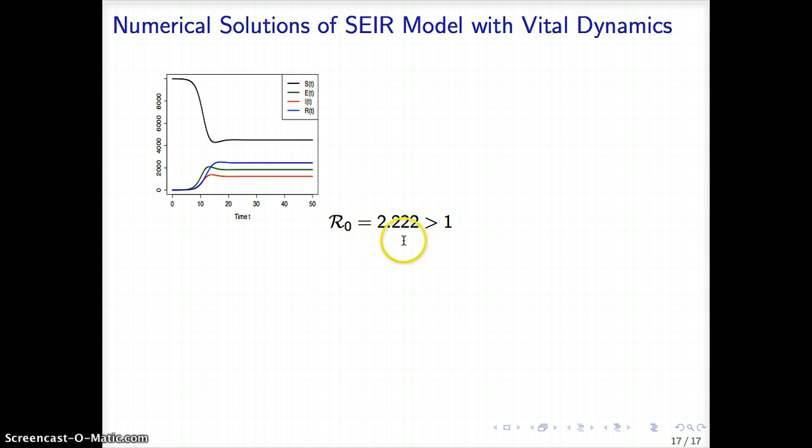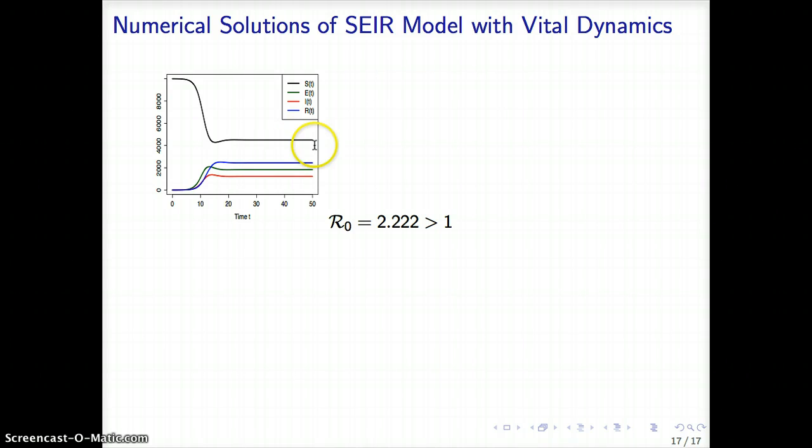In this case it is 2.2, and these are the numerical solutions of the SEIR model with births and deaths. You can see how all state variables settle into equilibrium levels that are positive. This resembles a scenario that we would call coexistence. We have used that terminology before.